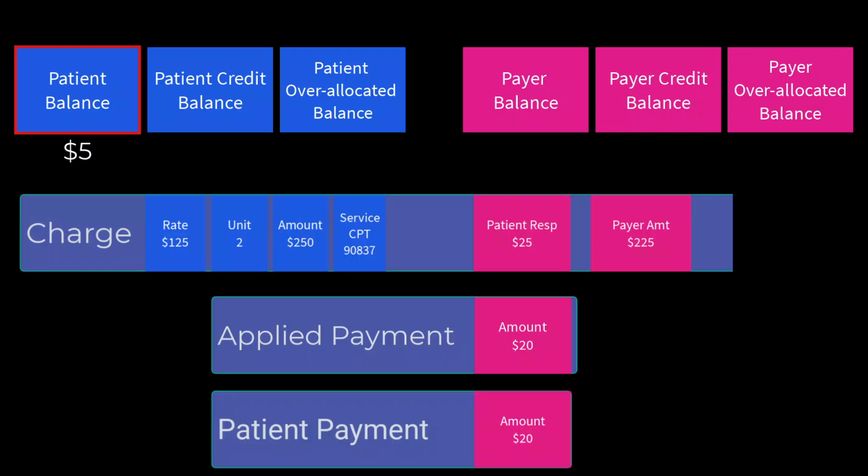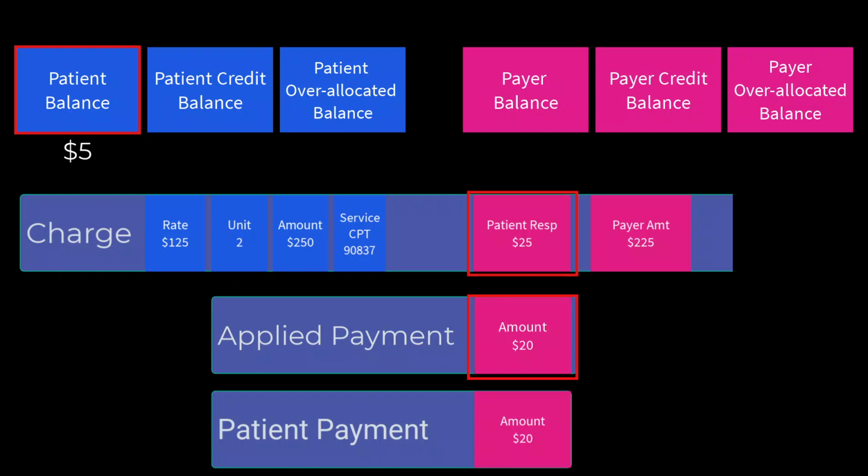A patient balance is created when the patient responsibility on a charge is greater than the payments that have been applied to it. So in this case, the patient responsibility is $25. The patient has paid $20 and applied $20 to the patient responsibility, leaving a patient balance of $5.